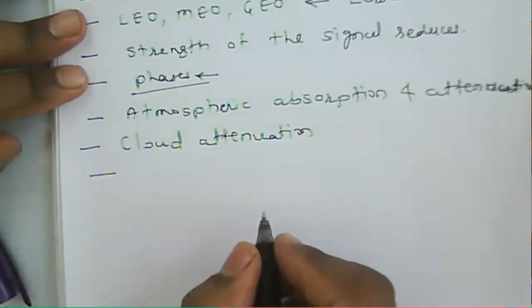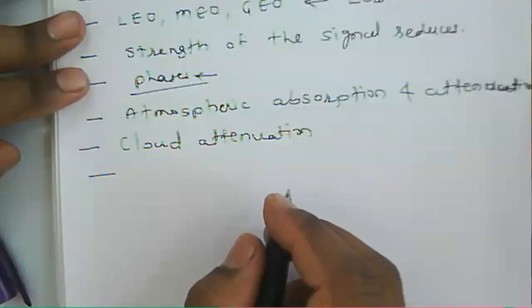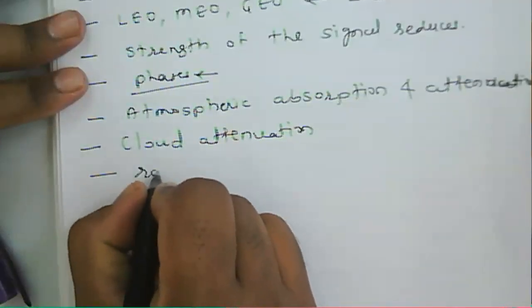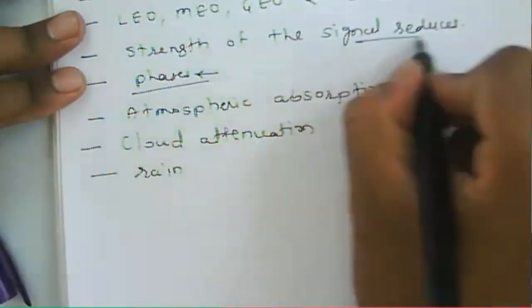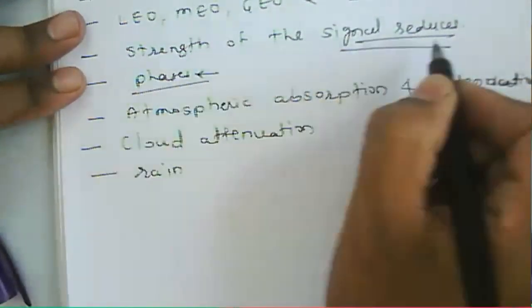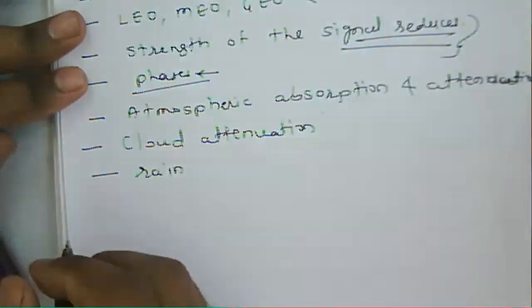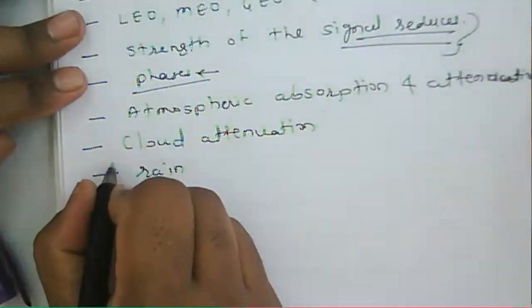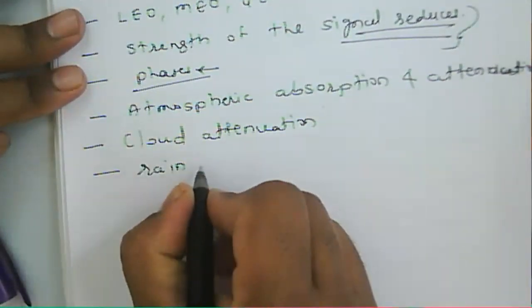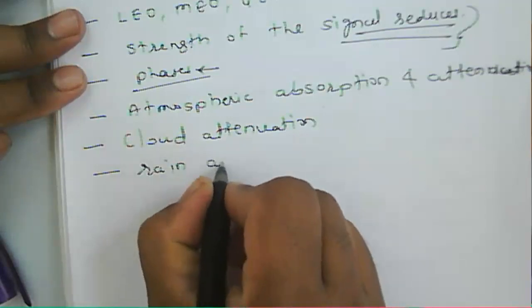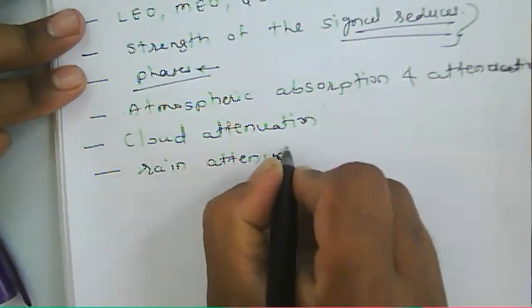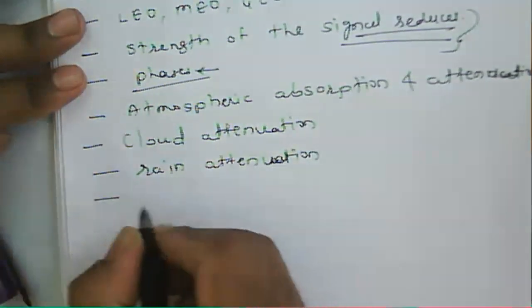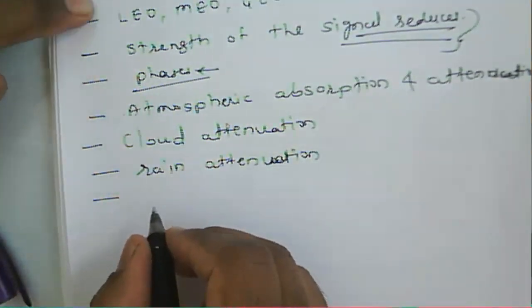Signal degradation occurs, and the strength or phase of the signal reduces because of atmospheric absorption and attenuation, because of cloud attenuation, or because of rain attenuation.